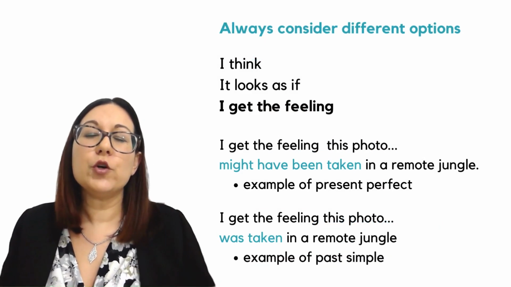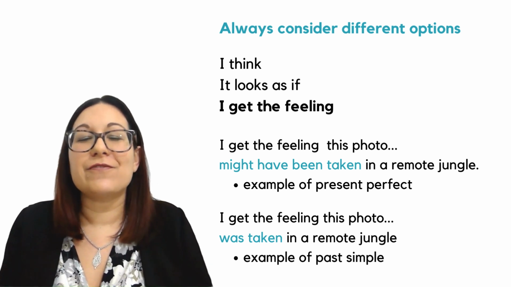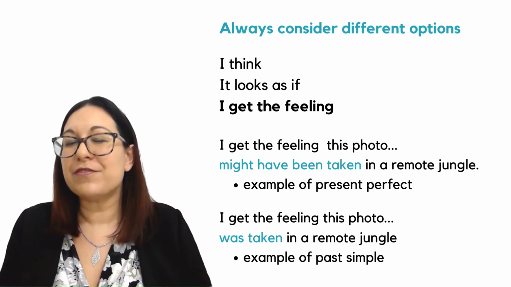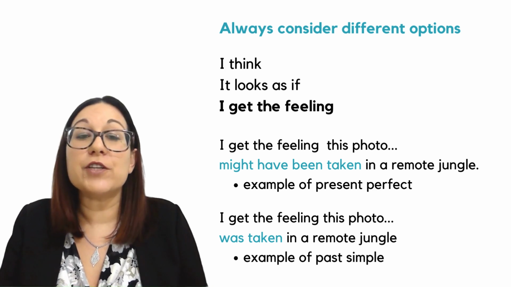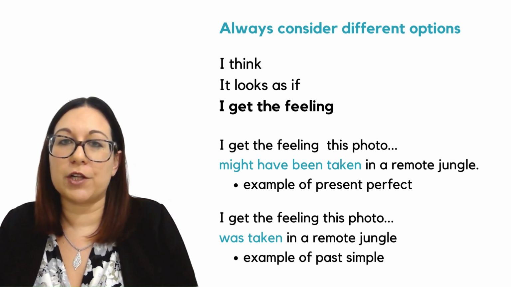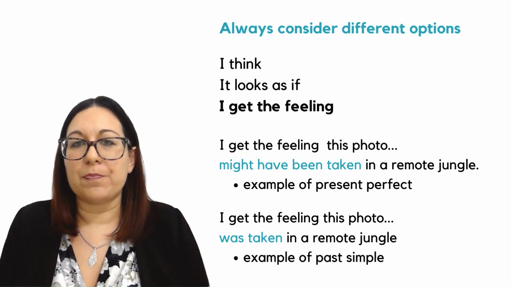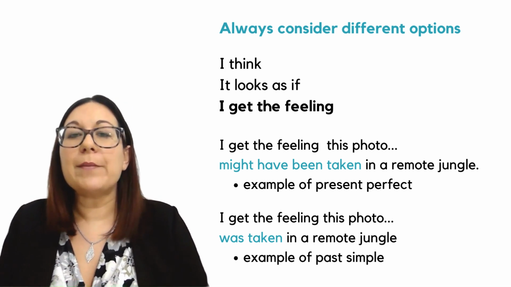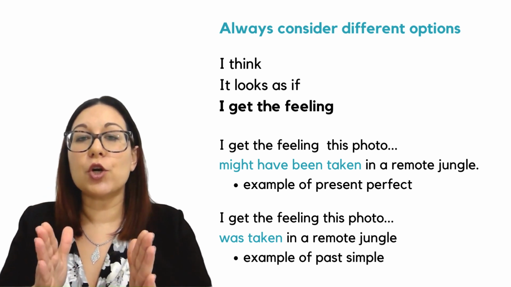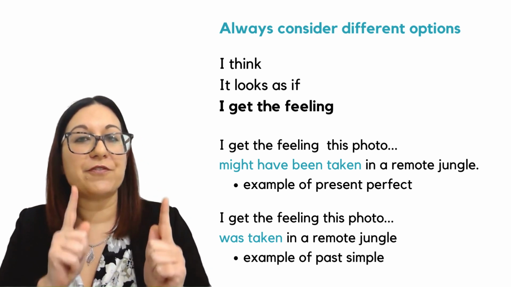Now, we could say, I get the feeling that this photo was taken in a remote jungle. Notice I've removed that modal now because I don't need it. I'm expressing the idea that I'm not sure with the phrase, I get the feeling.